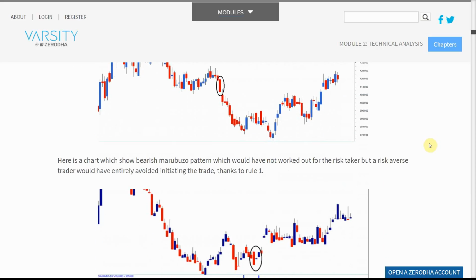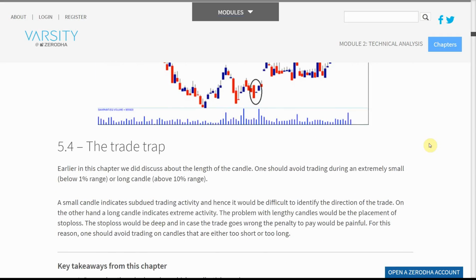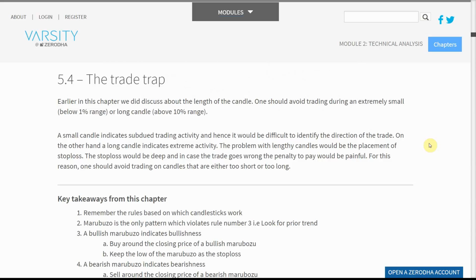Here is a chart which shows a bearish Marubozu pattern which would have not worked out for the risk-taker, but a risk-averse trader would have entirely avoided initiating the trade, thanks to Rule 1.5.4, the trade trap. Earlier in this chapter we did discuss the length of the candle. One should avoid trading during an extremely small, below 1% range, or long candle, above 10% range.